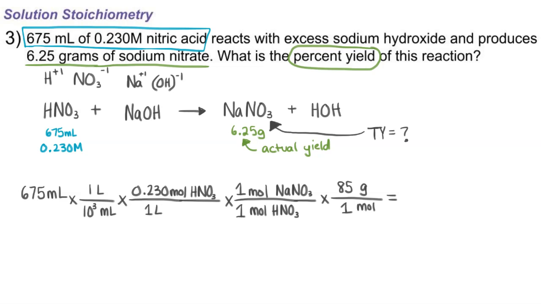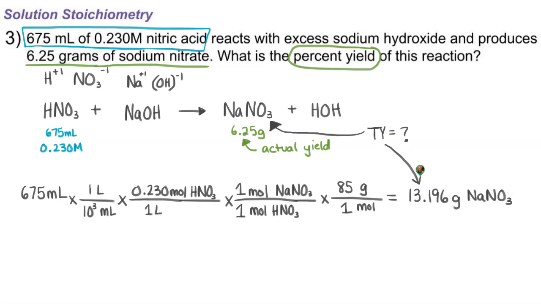And when I did that, I get 13.196. Now I do need to round my final answer to appropriate sig figs, but this actually is not my final answer. This is the grams of sodium nitrate that should be produced. So this is actually my theoretical yield.